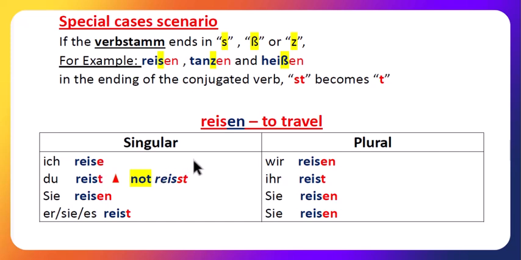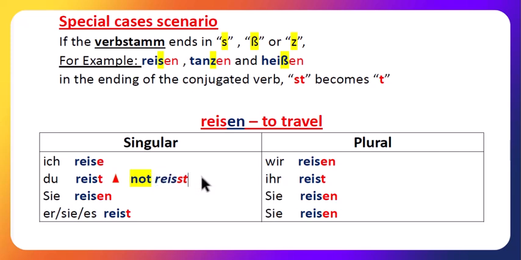But if you use ST now without applying this rule, this is how the verb will look like, and you can't write that in German.